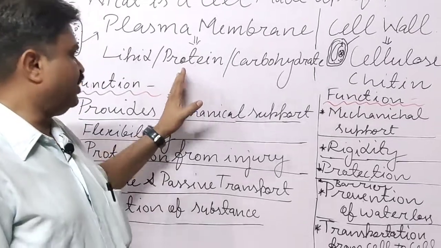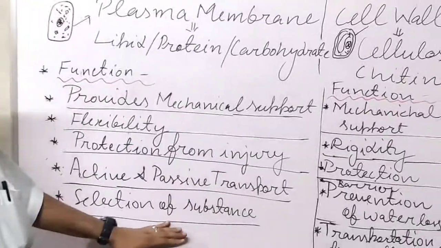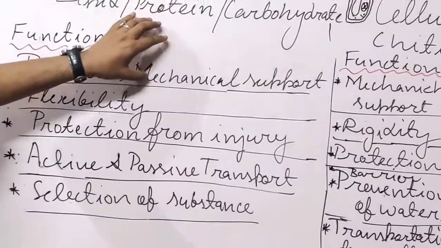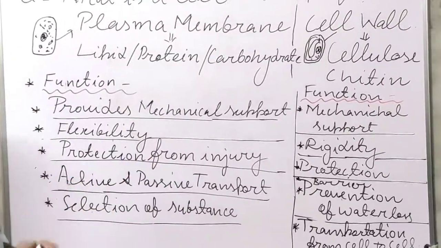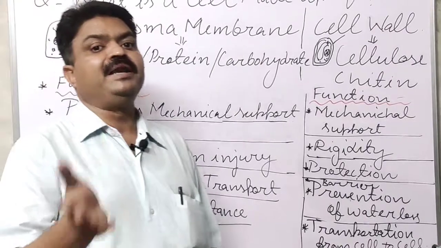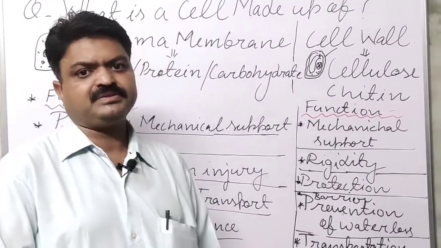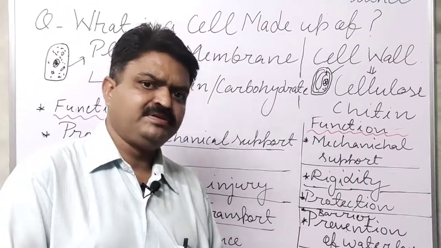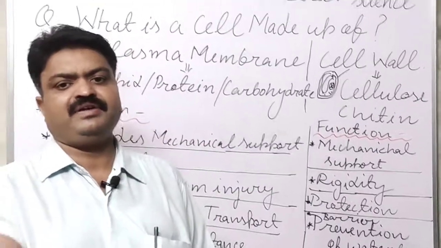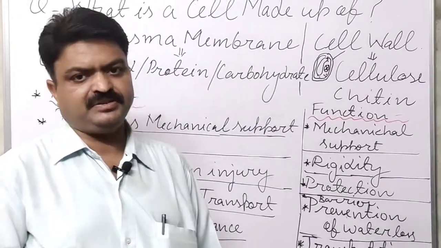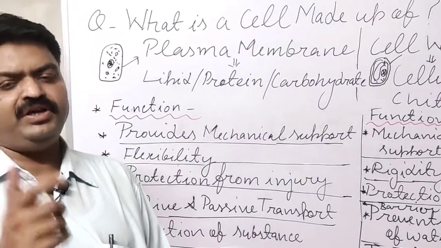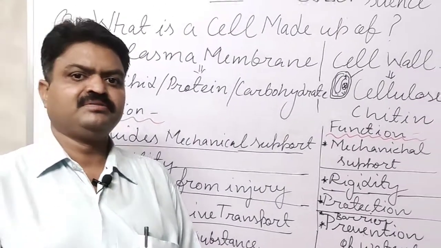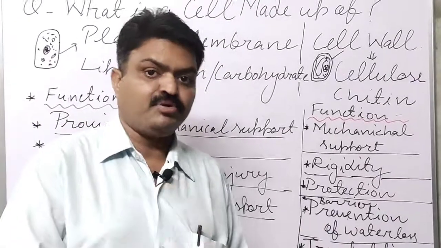With this, student, the plasma membrane also helps in maintaining the ionic balance. Ionic balance is the process, student, in which ion exchange takes place. As you know, in our body there are different ions: sodium ions, potassium ions, and hydrogen carbonate ions.